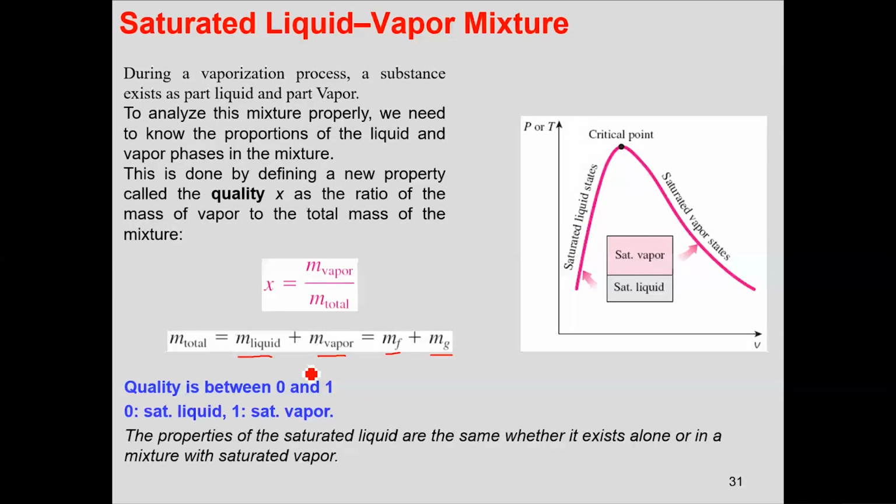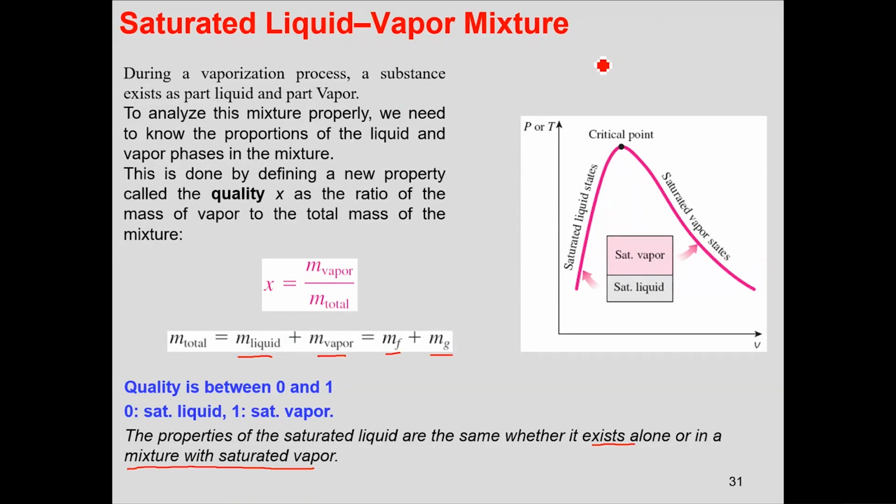There's one more thing, that the properties of the saturated liquid are the same whether it exists alone or it exists with a mixture of saturated vapor. Do you understand this point? तो दोबारा बता दें। All right.